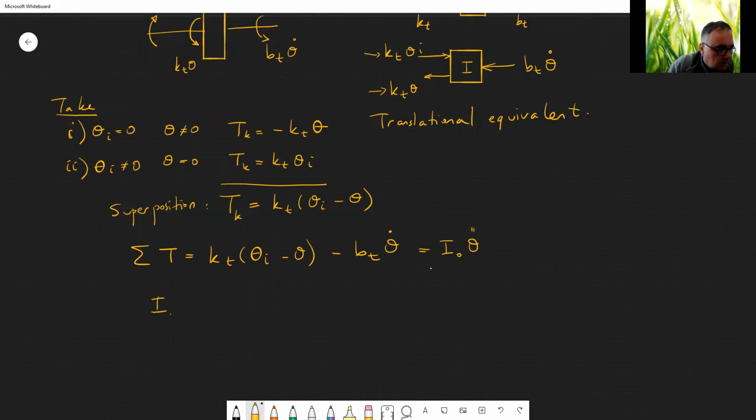So I theta double dot plus Bt theta dot plus Kt theta is equal to Kt theta I. So this is the equation of motion.